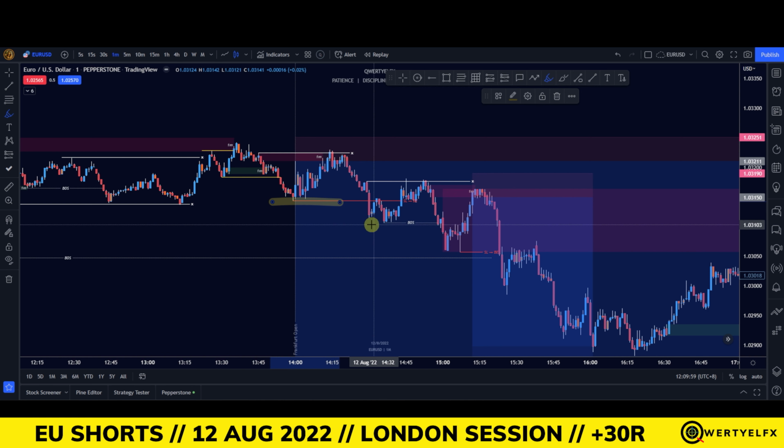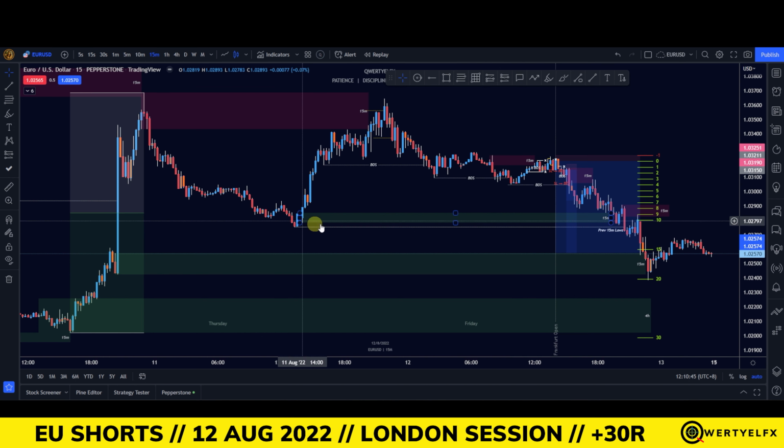Once I see another market structure break over here, my second alert will sound so that I can look for scale-in trades, because I already know that price action would have been confirmed by market structure breaking previous lows, and it is confirmed to be short-term bearish for now. Once the second alert sounds, I'll be looking for another re-entry, and my third alert would be over here when it's time for me to push my stop loss to break even. So that's how I manage the trades and not stay on the charts.